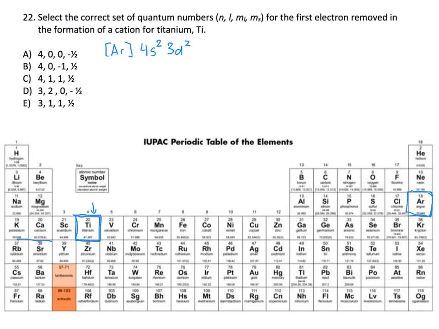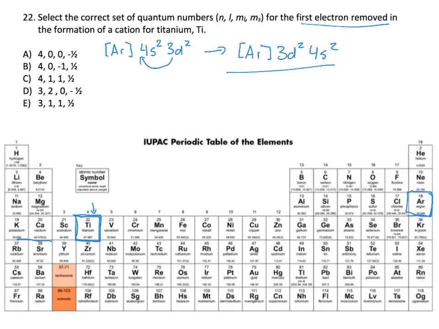Once we've written this out, for our correct electron configuration we always have to tuck the d electrons under the 4s's. So the correct electron configuration will be argon 3d2 4s2.